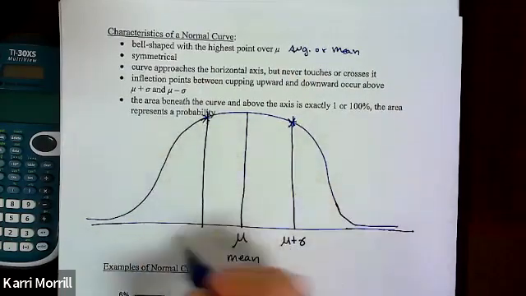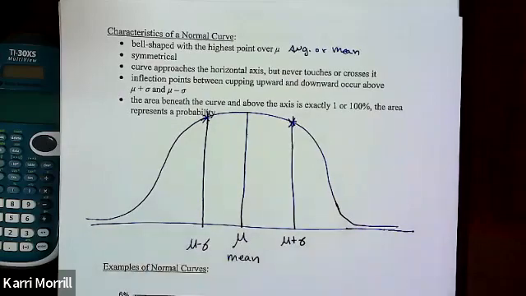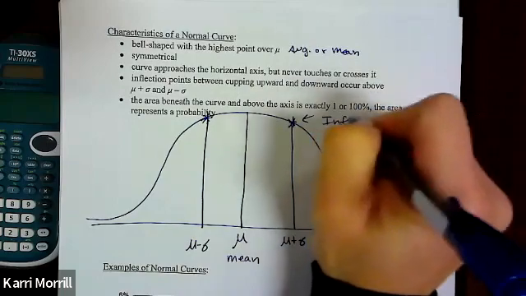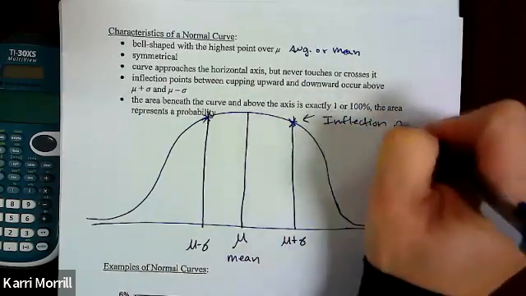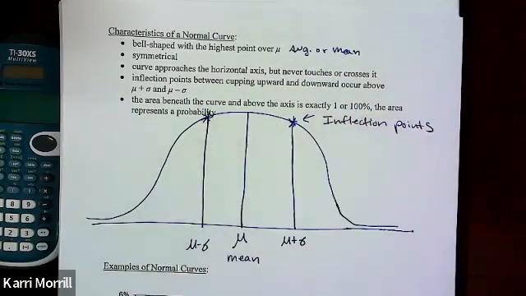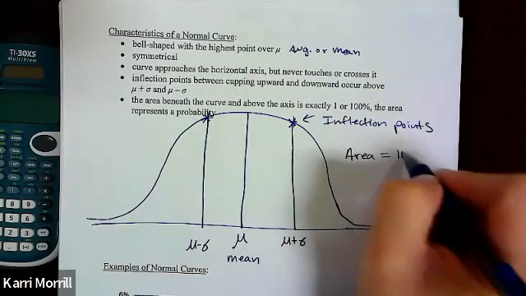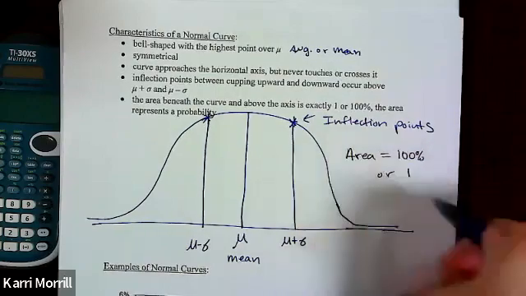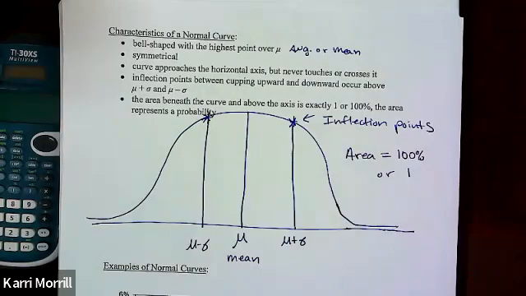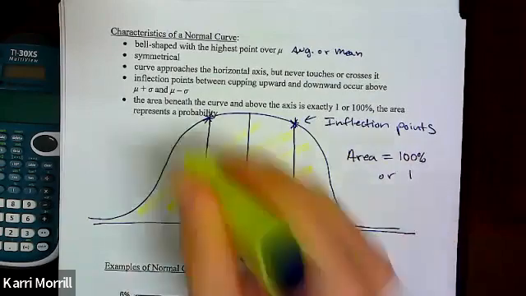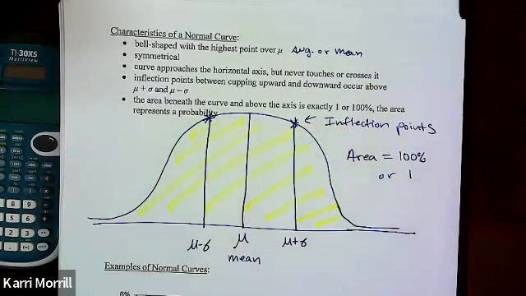Or your mean minus 1 standard deviation. And so these little stars are my inflection points. The area underneath this curve, like we mentioned, is 100% or 1. And so if you had a highlighter, everything under here, the area, that's what represents those probabilities. So let's take a look at examples of normal curves.